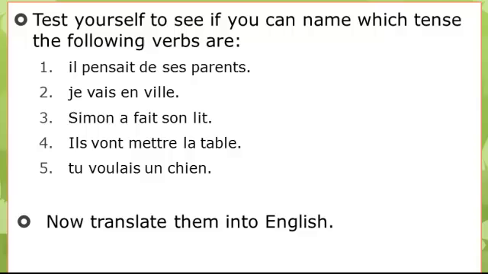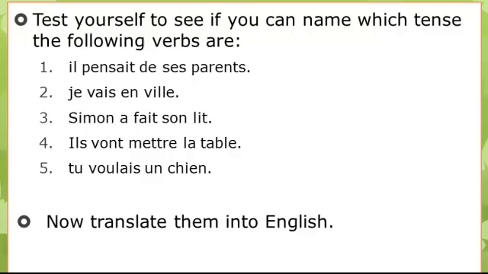Okay, so number 1, pensait is the imperfect tense, meaning he was thinking about his parents. Number 2, vais is just the present tense, I am going to town. Number 3, Simon a fait, that is the passé composé, the perfect tense. Simon made his bed. Number 4, ils vont mettre, that's the futur proche, the near future.